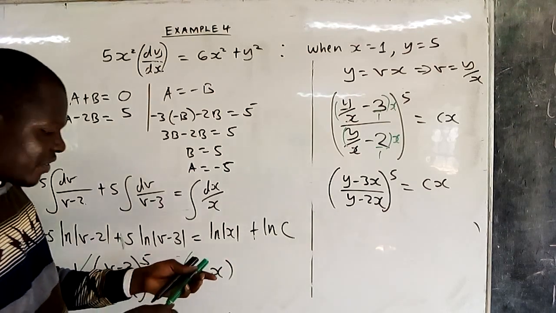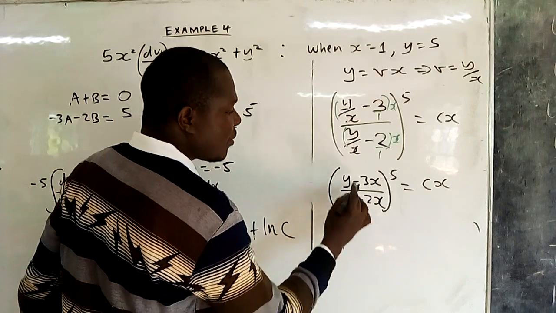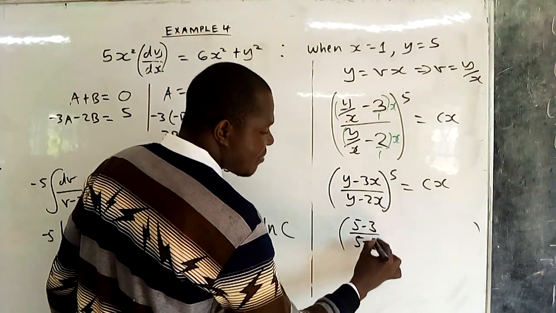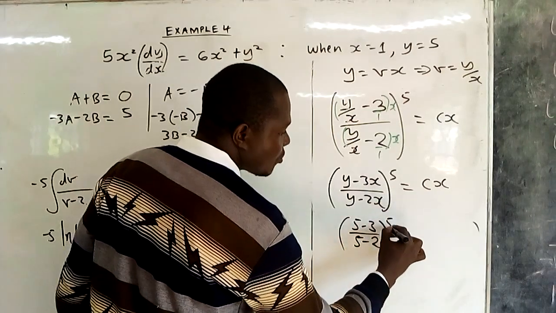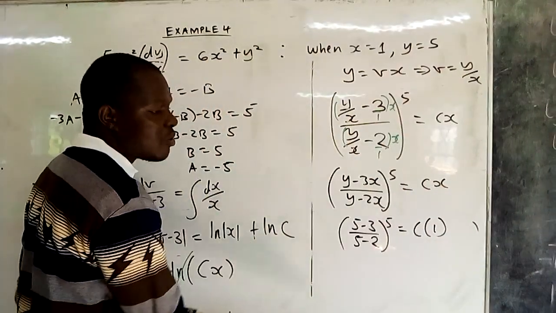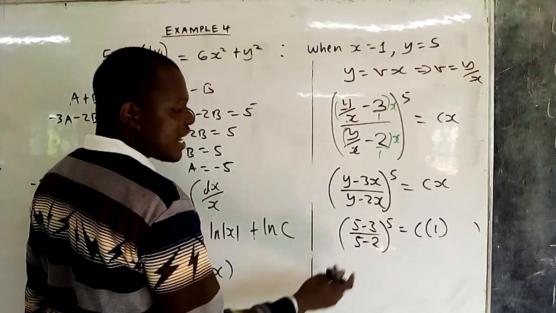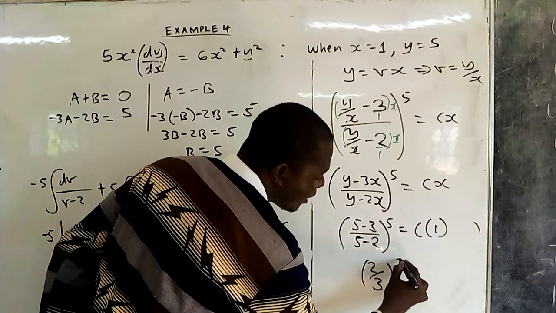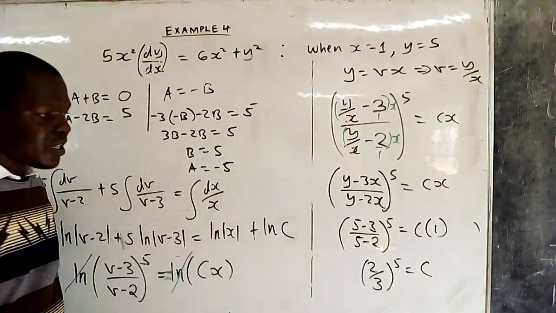So what do you end up with? y is 5 minus 3 times 1, over 5 minus 2 times 1, raised to power 5, is equal to c times 1 because x is 1. You substitute the value of x and y, isn't it? 5 minus 3, 2 over 3, raised to power 5 is equal to c.